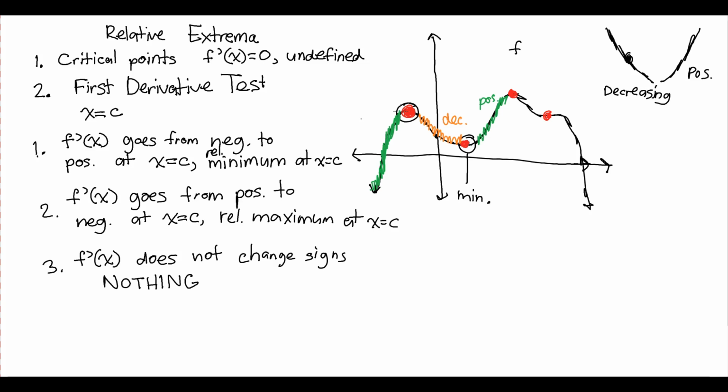So it's increasing to decreasing. F prime is positive to negative. So this point will obviously be a max point, a relative maximum. Same thing over here, okay? This is also a maximum because the graph starts going downward over here.